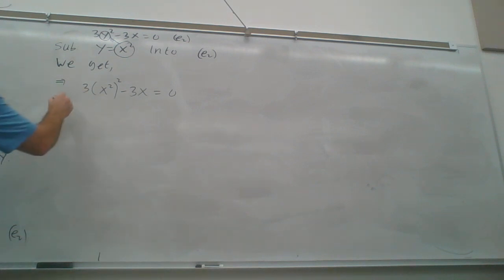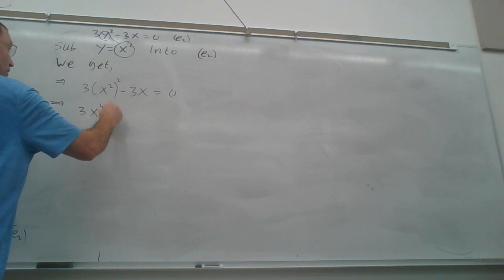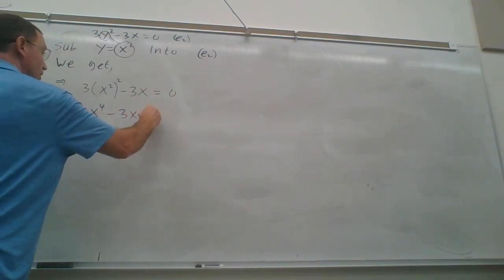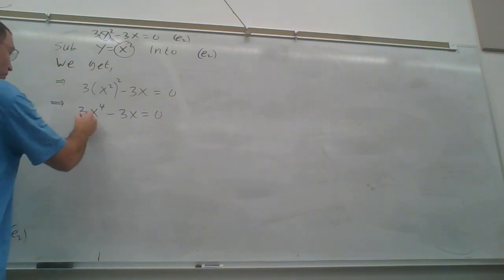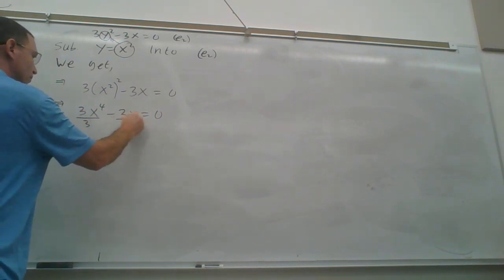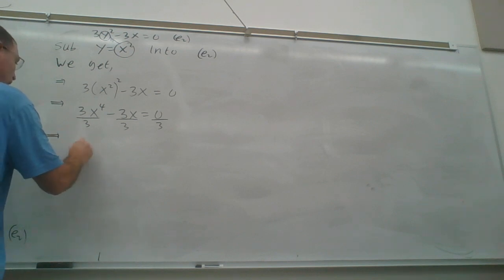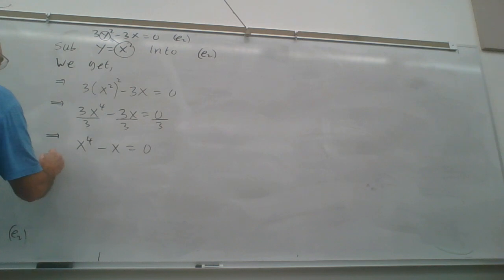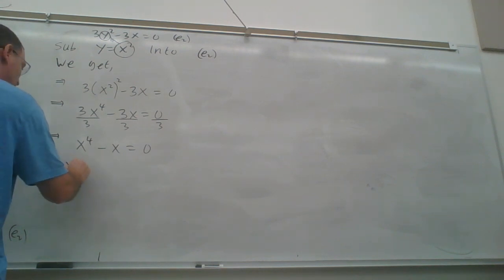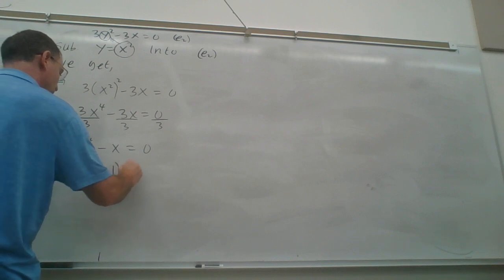Okay, so then we can write this as 3x to the 4th minus 3x equals 0. And we can divide both sides by 3. Then x to the 4th minus x equals 0. Then we can factor an x out. So x times x cubed minus 1 equals 0.